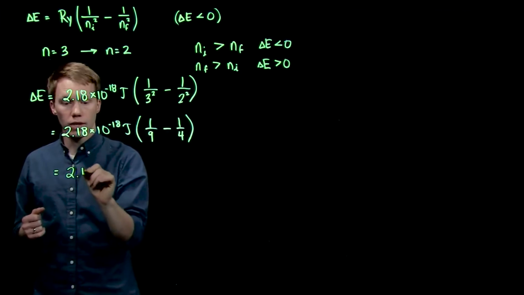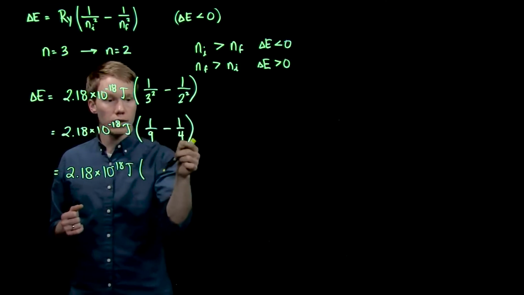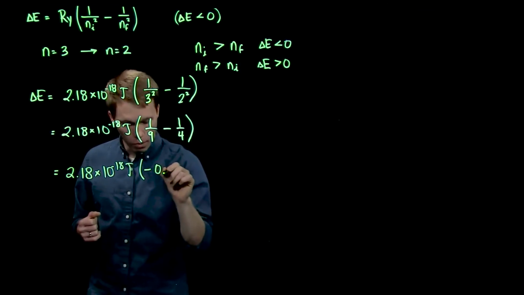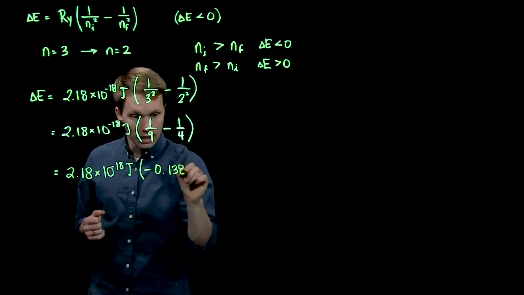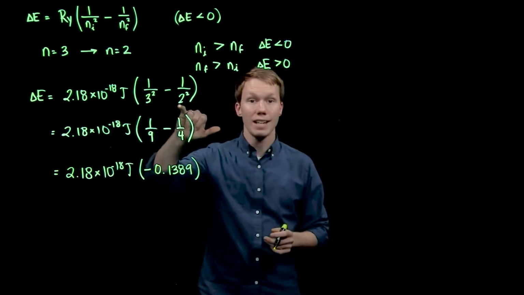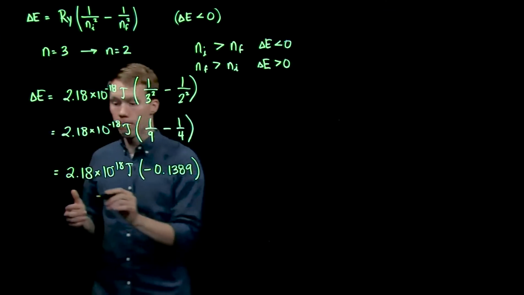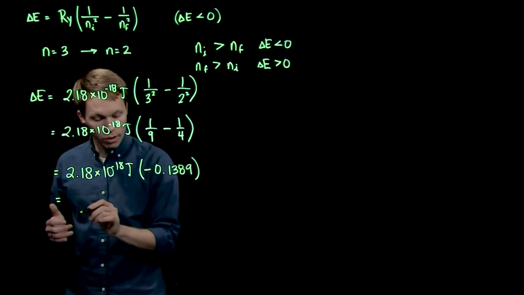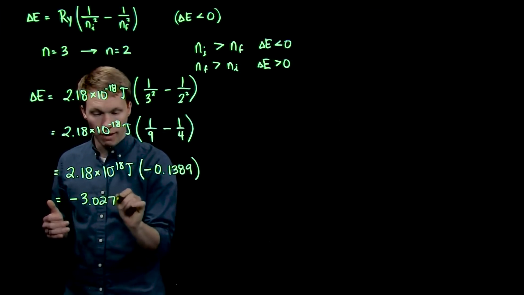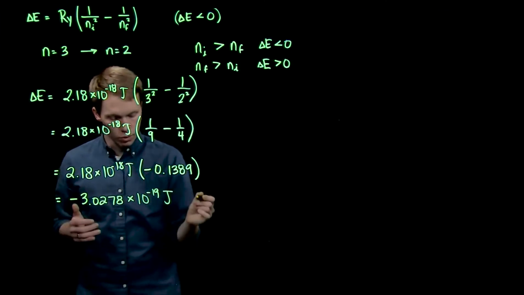So continuing on here, 2.18 times 10 to the minus 18th joules. This calculates to a negative 0.1389, and that's a unitless number because my n is an integer value that just corresponds to the orbit that the electron is in. And this will calculate to negative 3.0278 times 10 to the negative 19th joules.